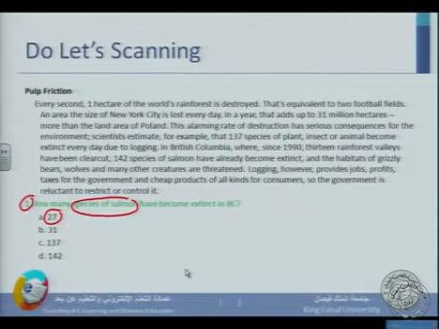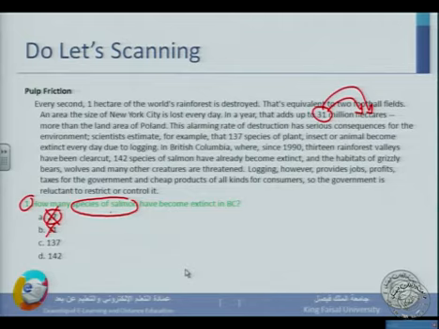Okay, so it's not there. 31, it's right here. But 31 here is talking about the hectares. It is not talking about species of salmon. So 27 is wrong, 31 is wrong, because the 31 right here is talking about the hectares.